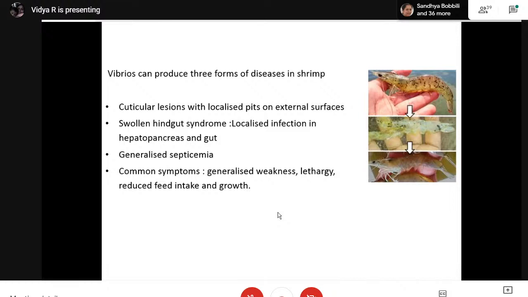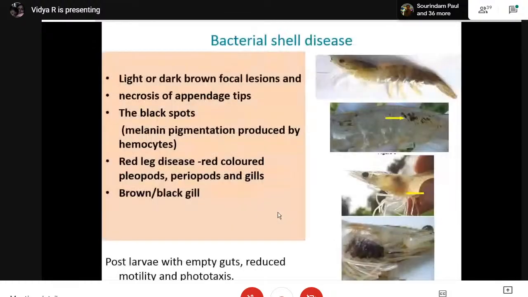An example of such a disease is the bacterial shell disease, where you can find light or dark brown focal lesions, and it causes necrosis of the appendages and black spots all over the body. These black spots are mainly caused by the melanin pigmentation produced by the hemocytes. That is an inflammatory reaction on the shrimp body.